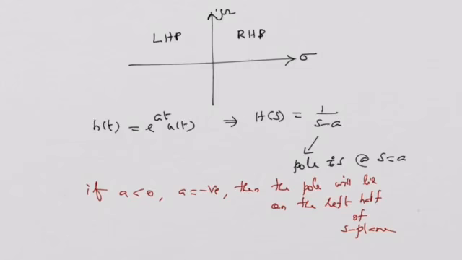Therefore, the system will become stable. If a is a positive number, the pole will lie on the right of the S plane, and we can say that the causal system will become unstable.